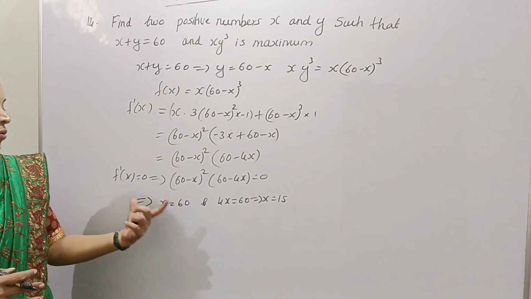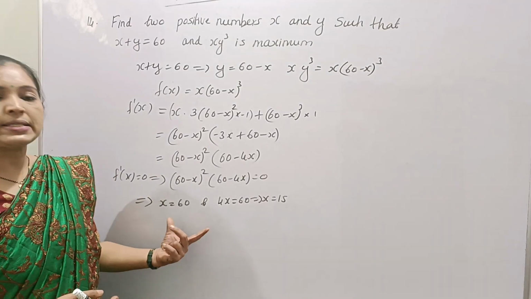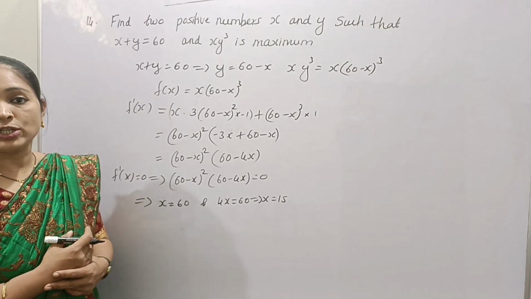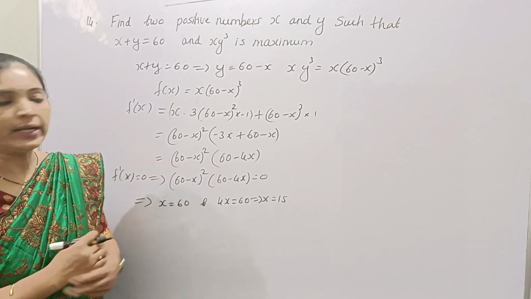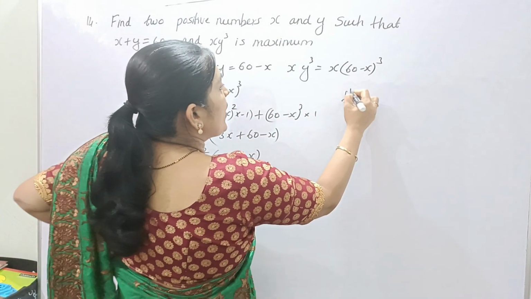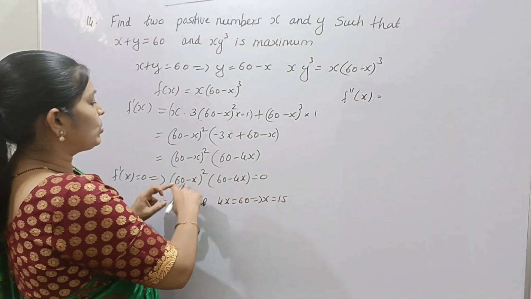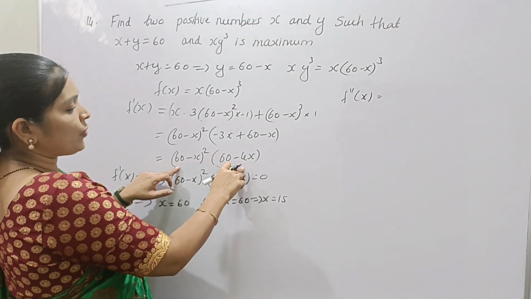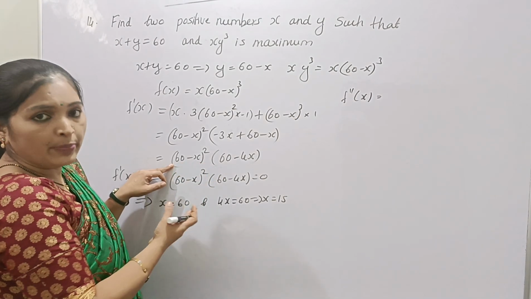So let's find the second derivative, f''(x). At these critical points, is f''(x) less than 0 or greater than 0? We should get less than 0. So f''(x) is f'(x) differentiated with respect to x, so we apply the product rule.